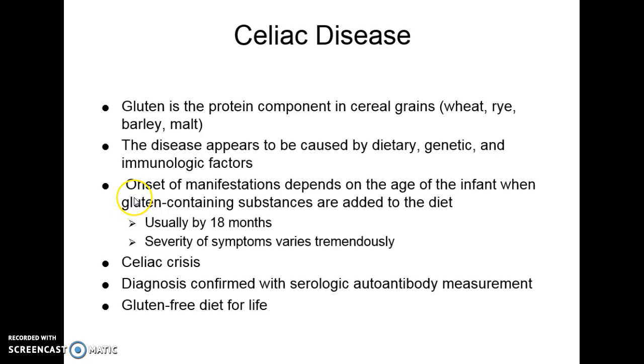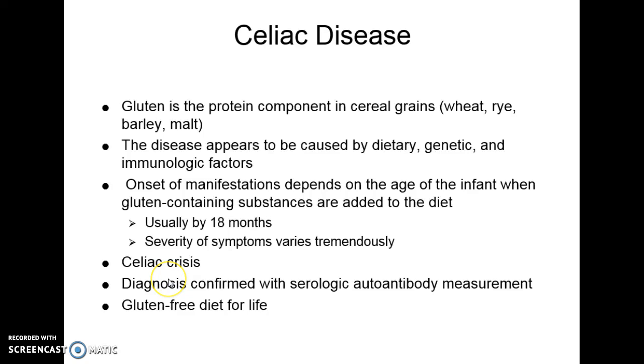Onset of manifestation depends on the age of the infant when gluten-containing substances are added to the diet. So if the infant already has it, right, then they're not going to show symptoms until gluten is added, and typically then it's even going to have a period of time where they're eating gluten-containing foods but don't show disease. And then the severity of symptoms is going to vary from person to person.